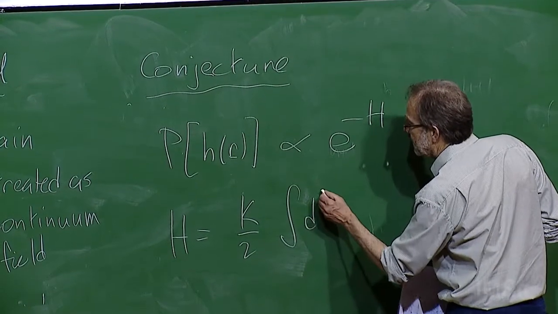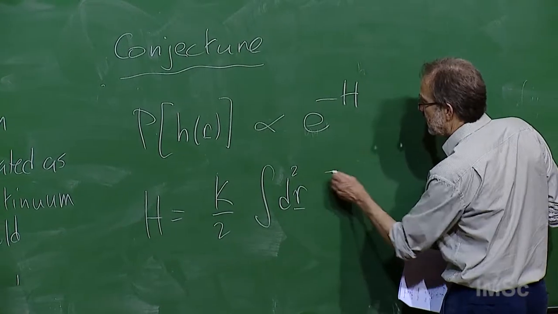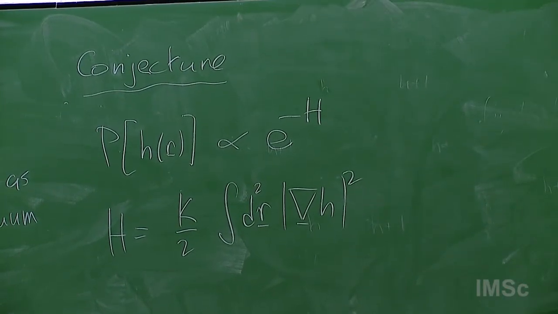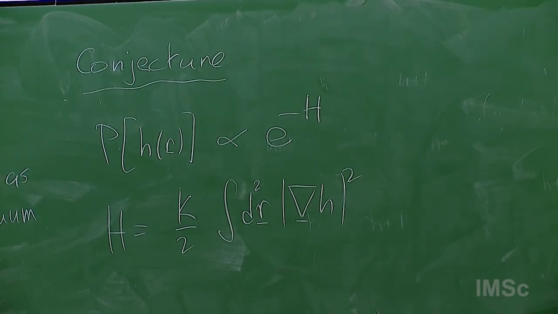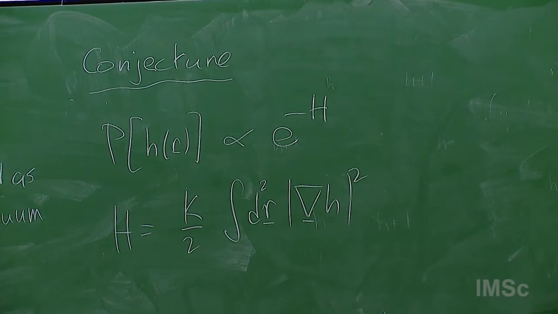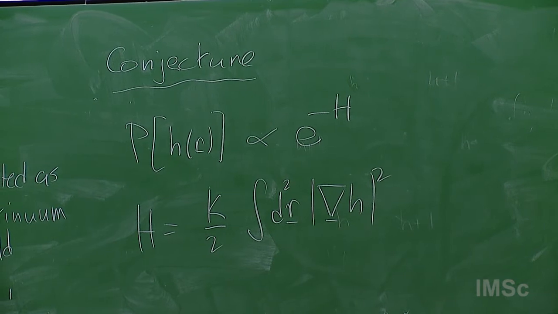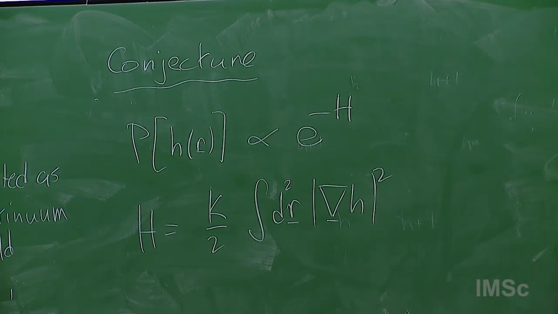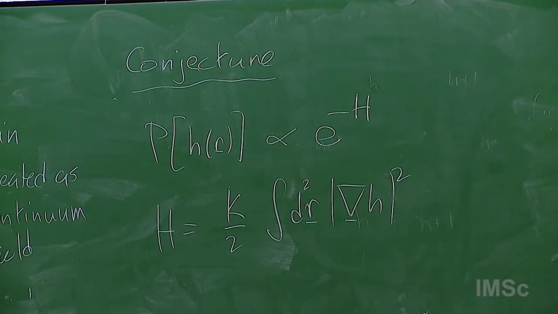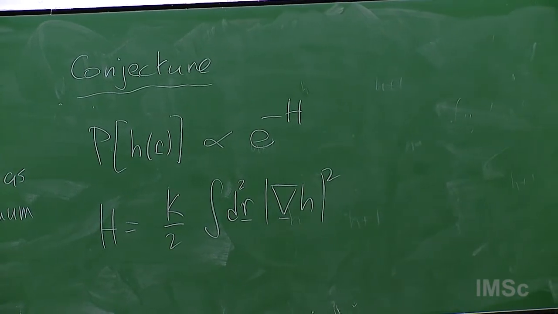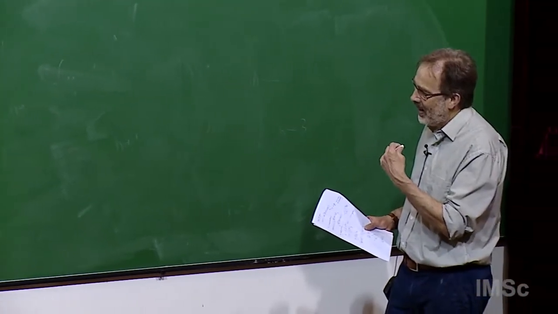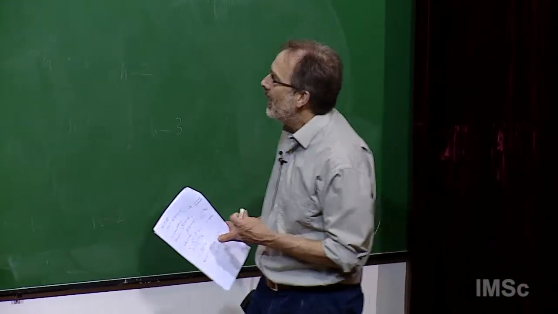And the easiest way of doing that, consistent with symmetries, is to write down a term like that. And what we should do then is think about some consequences. And to think about consequences, we need to be able to go not just from the spin configurations to the height field, but from the height field back to the spin configurations.